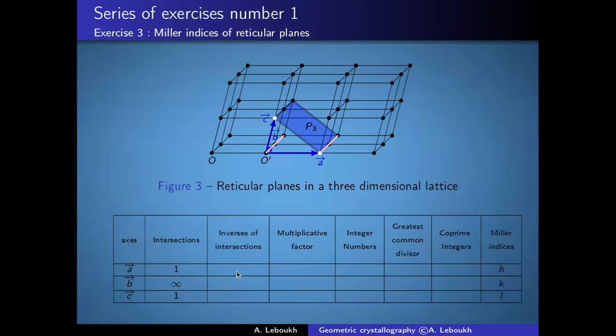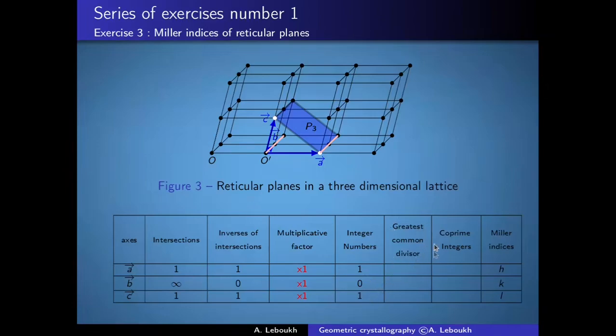So we seek the inverses of intersections. We find 1, 0, 1. The multiplicative factor is here 1 because there is no fraction here. So the numbers are the same, 1, 0, 1.